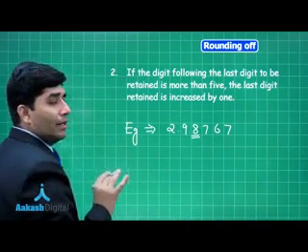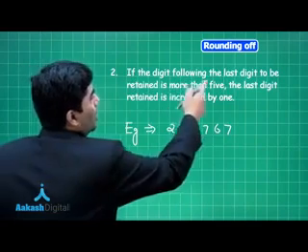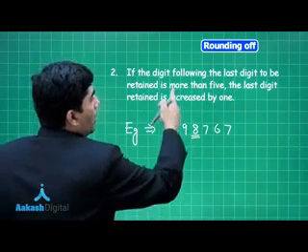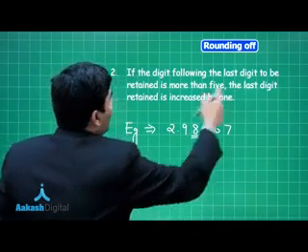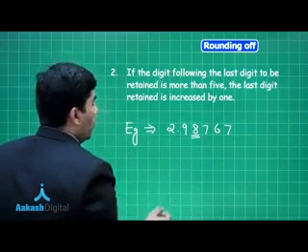This is the digit I want to retain. So if the digit following the last digit to be retained is more than 5, so these are more than 5, the last digit retained is increased by 1. So what will I do?